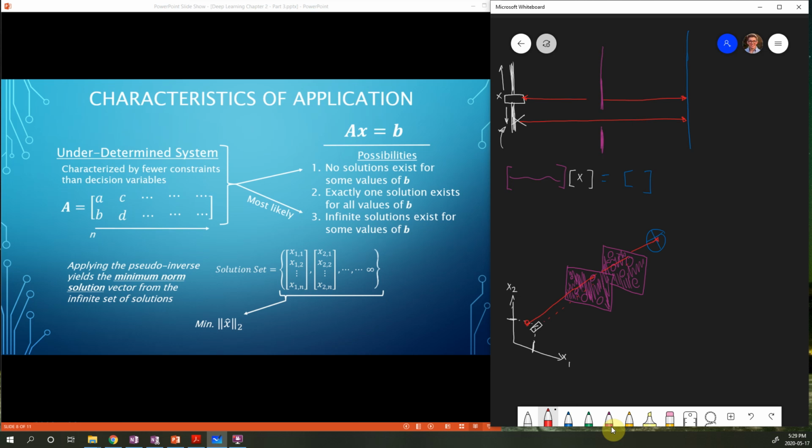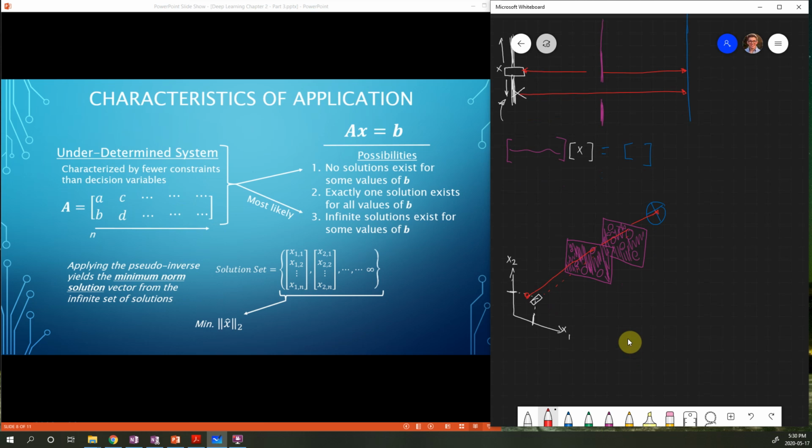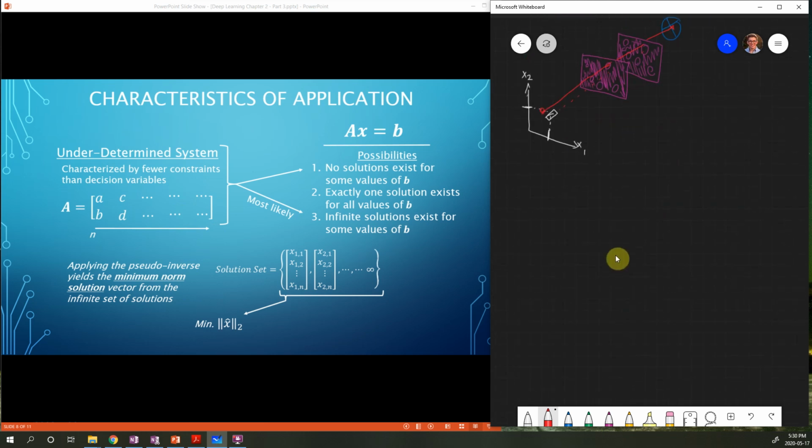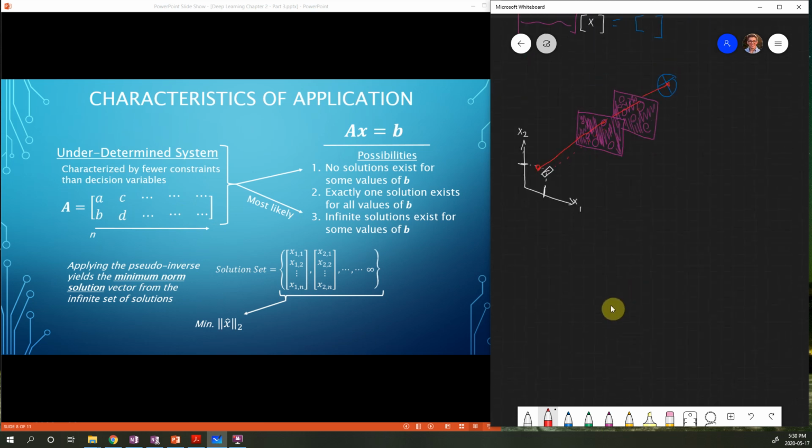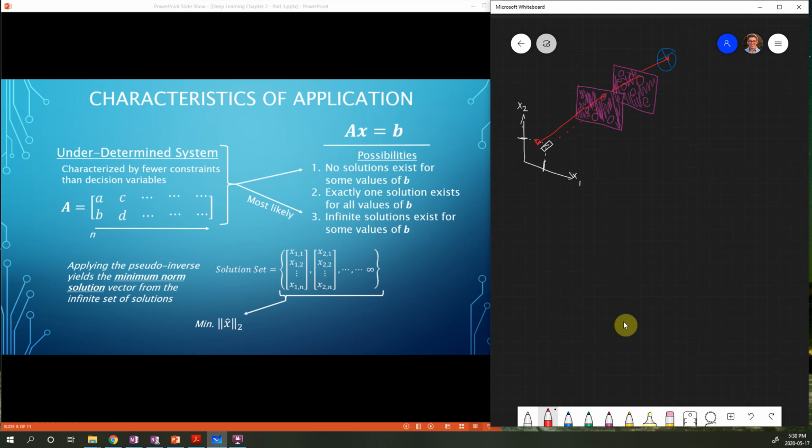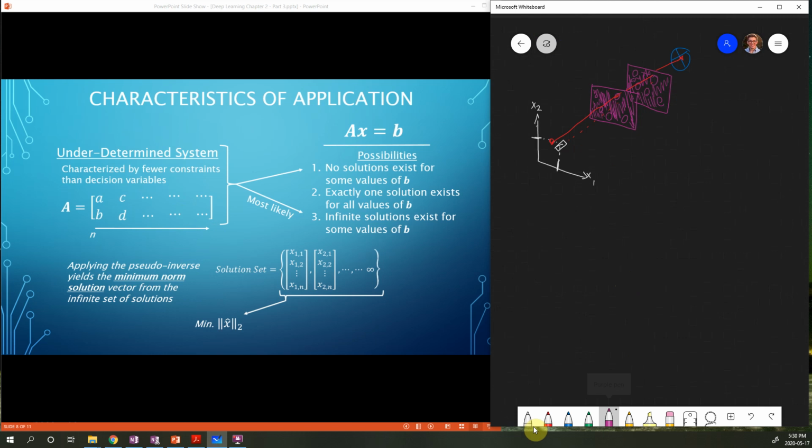And then what we started off talking about was the underdetermined system. Again, an underdetermined system is characterized by fewer constraints than we have degrees of freedom. So for a trivial case of an underdetermined system, imagine the same kind of idea, lasers, and trying to hit the target, but this time let's say we have just one degree of freedom for the constraint.